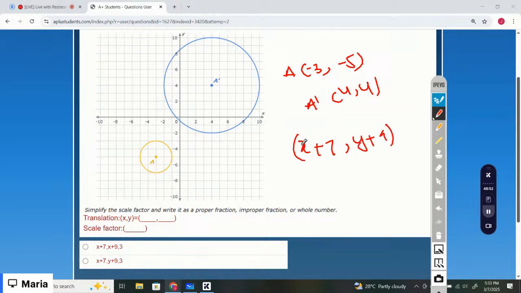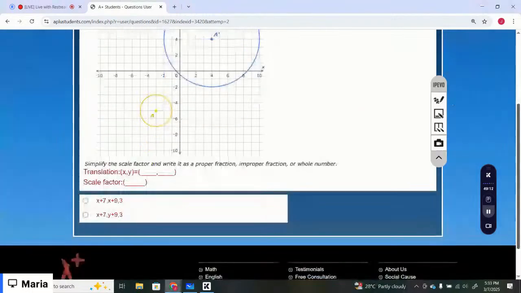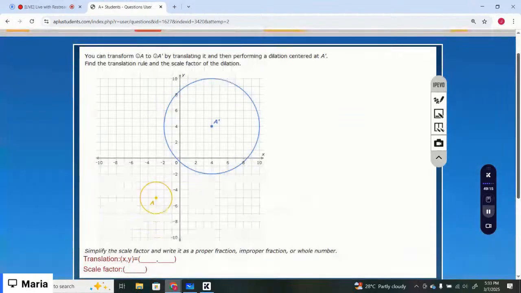So you have to find the scale factor. The scale factor is 3. Both the options are exactly the same: x plus 7, y plus 9, and 3. Option number 1 is the correct option.